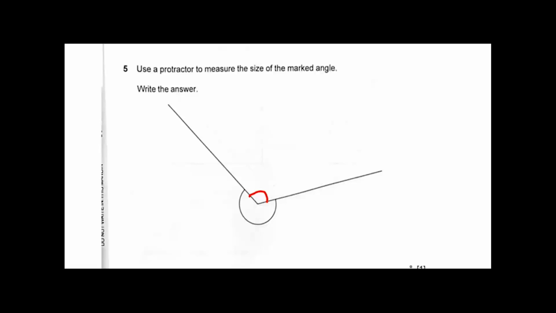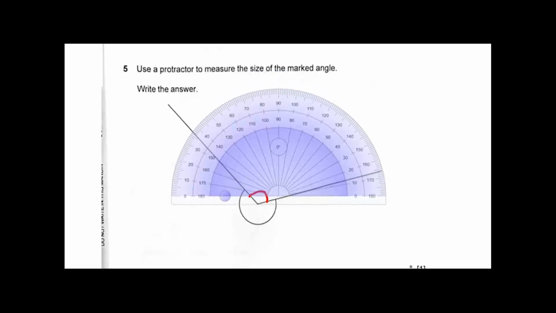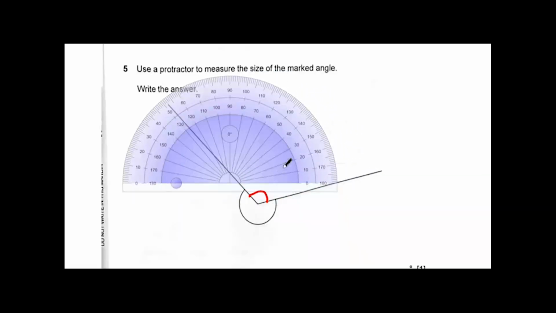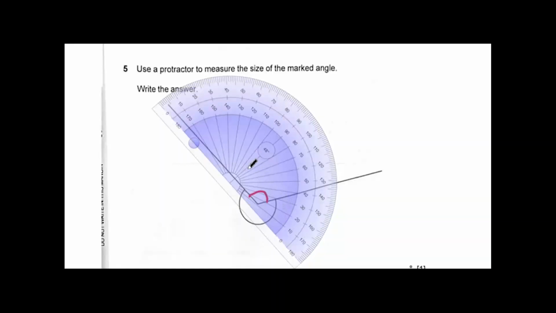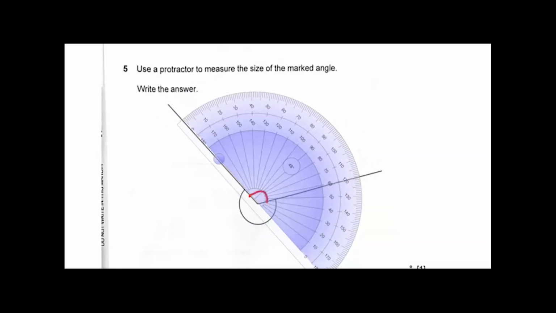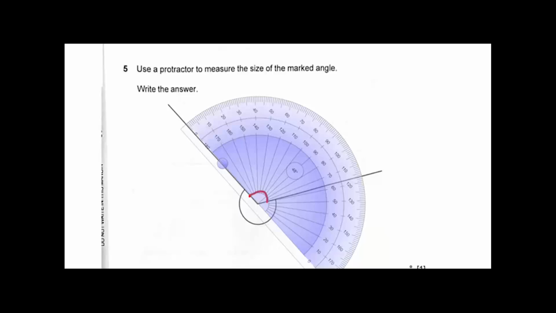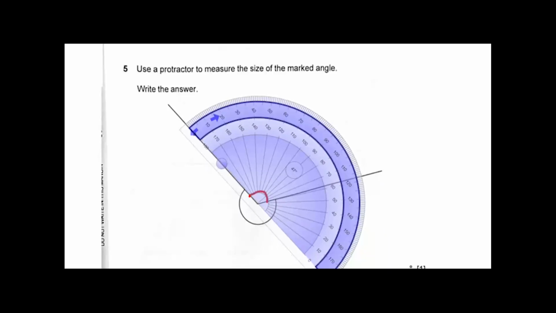So I need to pick my protractor here. I'll place it there and try to measure it very well. I want to measure from here, so let's rotate it a little bit. The center of the protractor should be on the vertex of the angle, and this should be at 0. Let me set it very well.